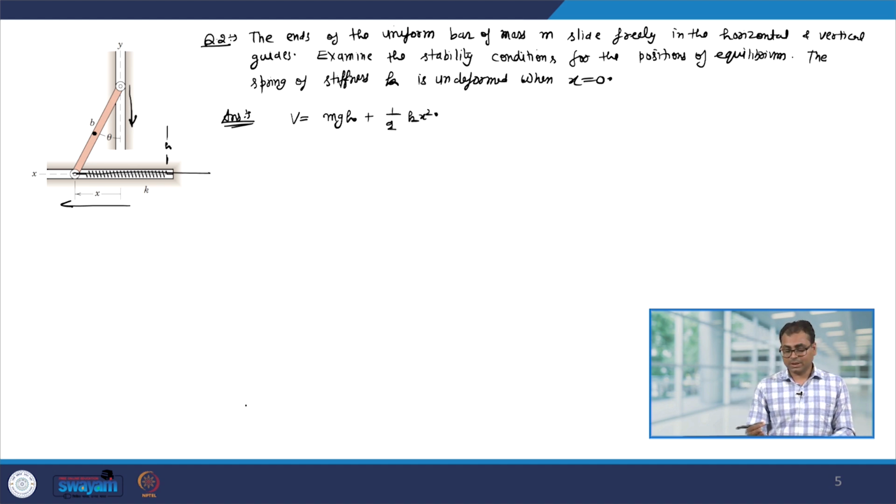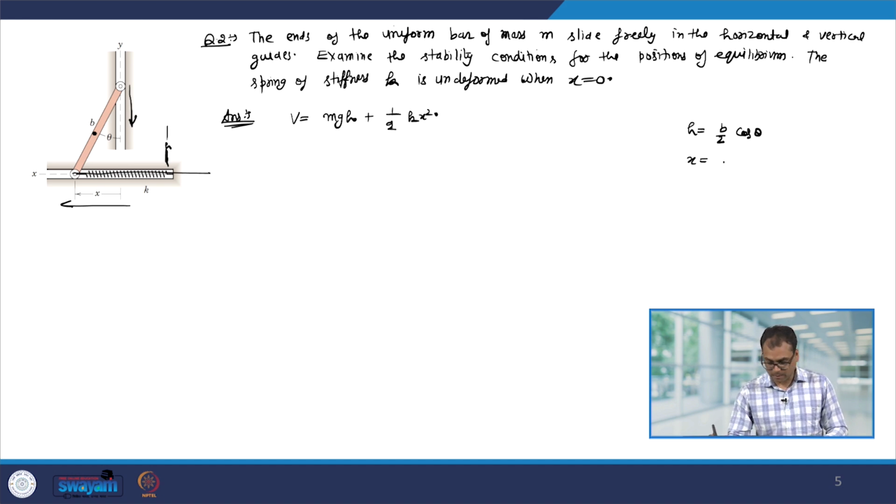Now, again the first thing is to write down these equations in generalized coordinate. Here the generalized coordinate is theta, because with theta I can identify what the state of the system is, or where all the parts of the system are. So, you can see here that if this is h, then h will be b by 2 cos theta, and x is b sin theta.